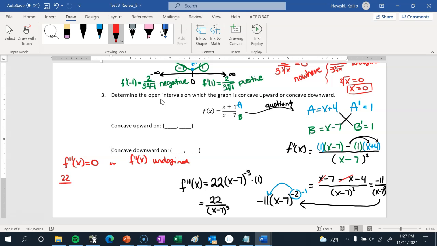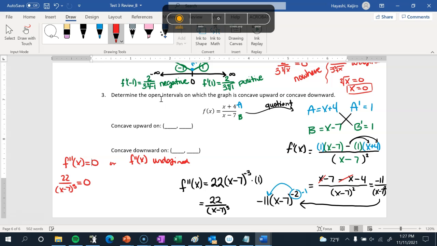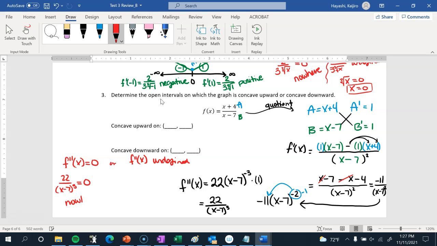Now, if you try to take this and set it equal to 0, you're going to run into the same problem as the previous question. The top of that expression is 22, and 22 divided by anything is never going to be 0. So this is equal to 0 nowhere.